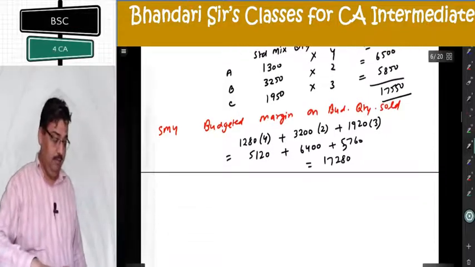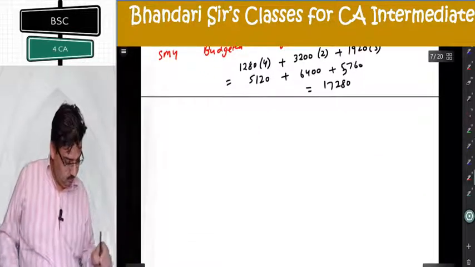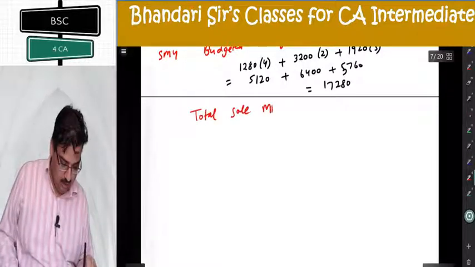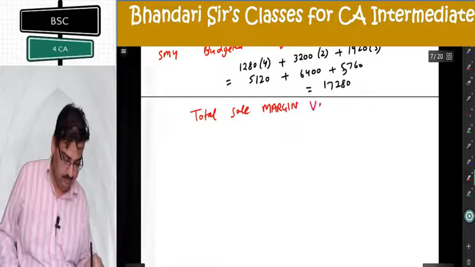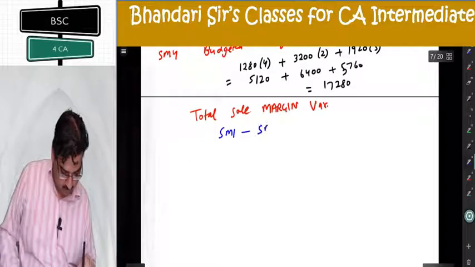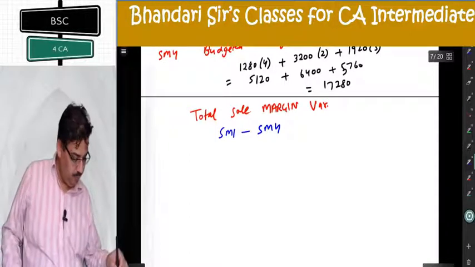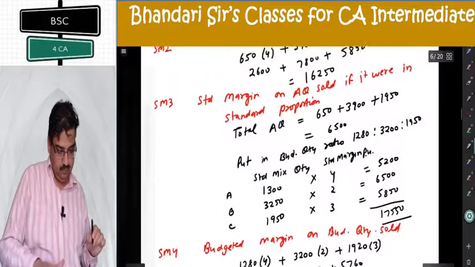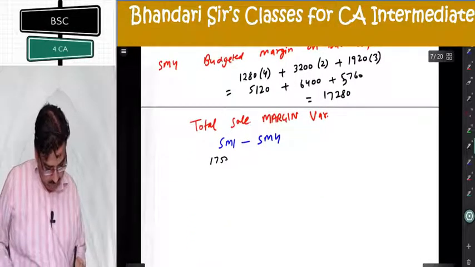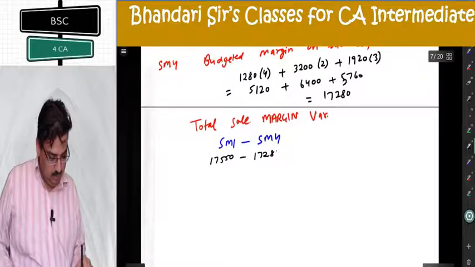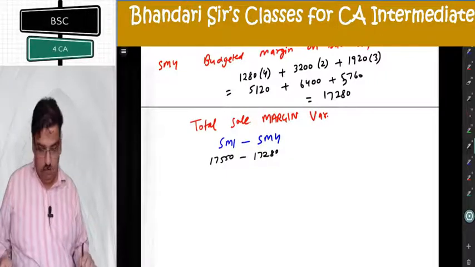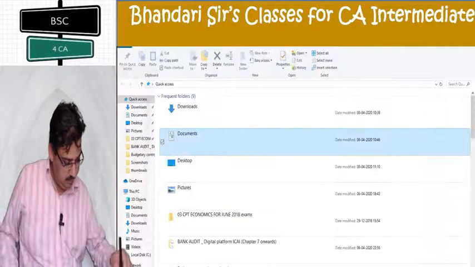Last table for the day. Total sale margin variance. SM1 minus SM4. SM1 17550 minus 17280. 270 favorable.